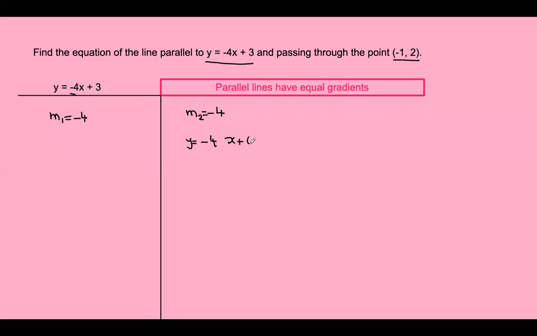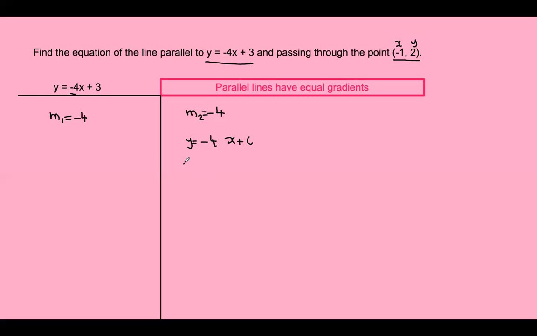Okay, remember, gradients are the same, but the c's are not the same. Now, we have a chance to find the c, because we know the coordinates of the point that the line goes through. So we know x equals minus 1 and y equals 2. And so what you do now, we will substitute x and y.